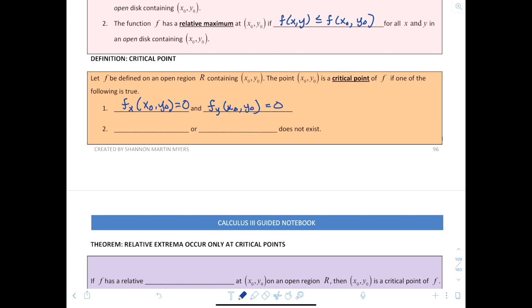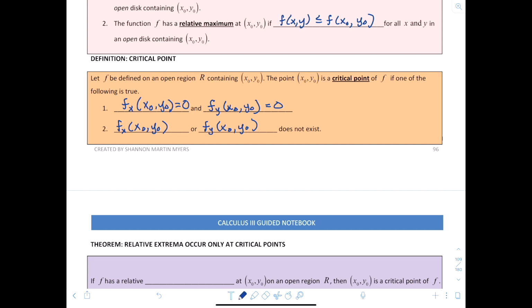Okay, so that's one case. The other case could be if fx at x0, y0 or fy at x0, y0 does not exist.